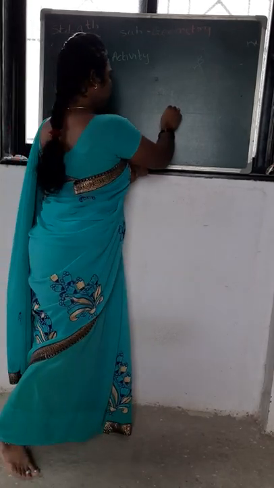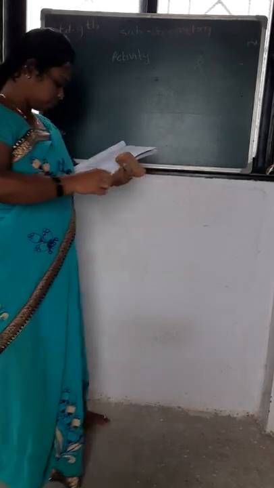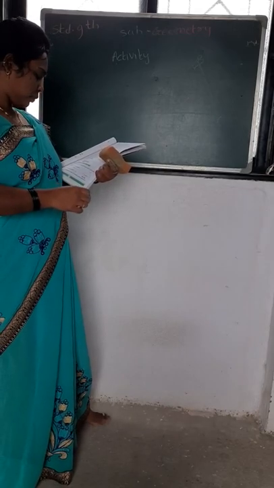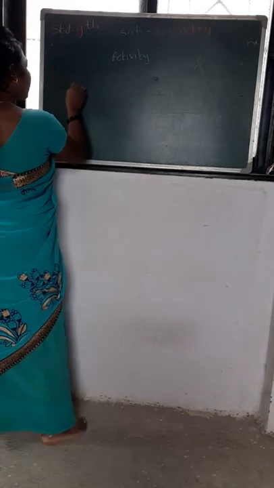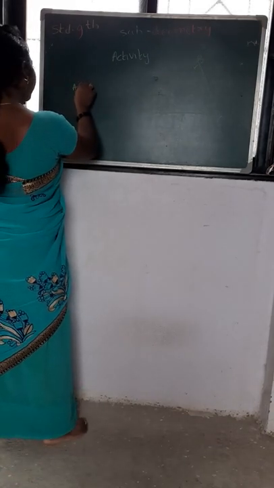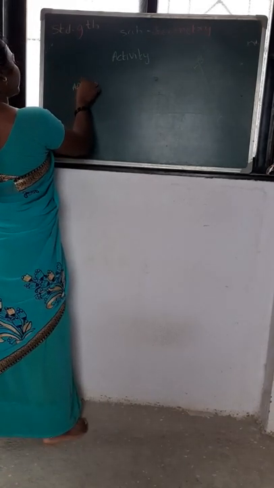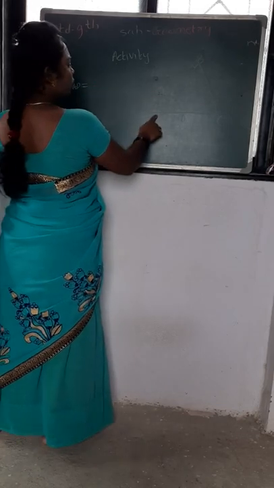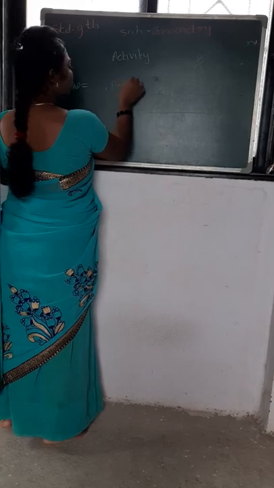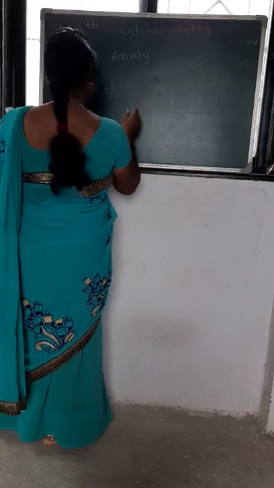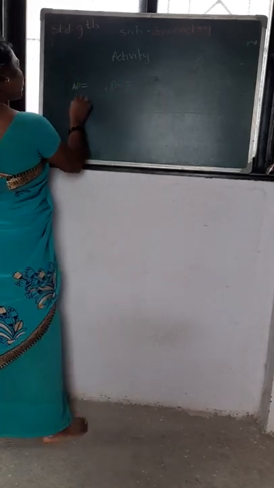Measure the length of AD. Next, measure the length of BC. Third, measure the length of BD.